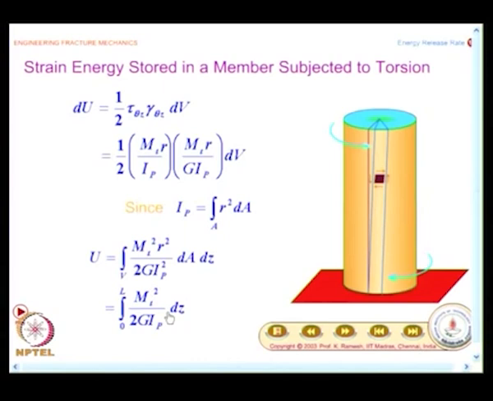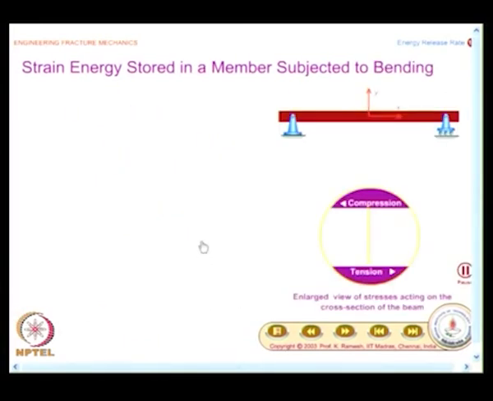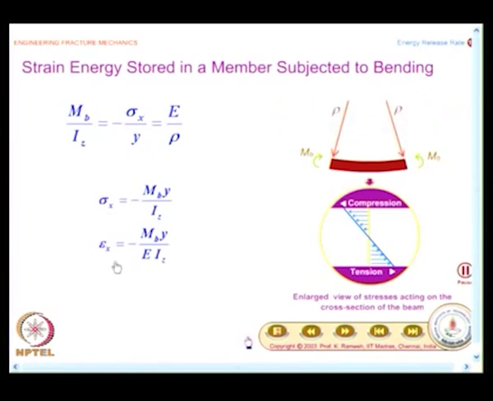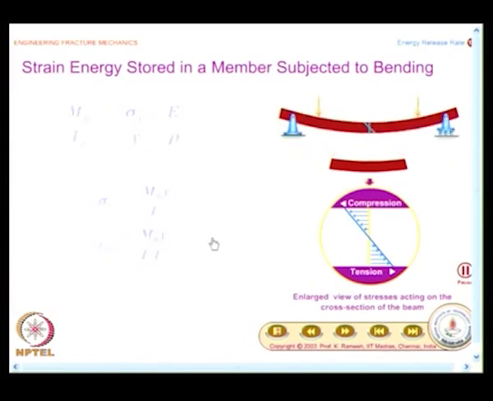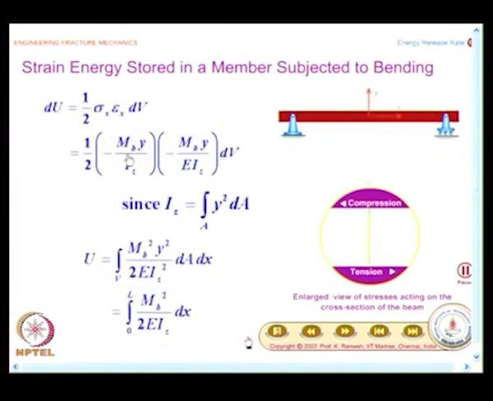Now, you have the expression for torsion, you will find a very similar expression for bending. Here again you have the flexure formula, you have the expression for the normal stress and normal strain, and it is easy to write the strain energy stored, and here we have M b, which denotes the bending moment.